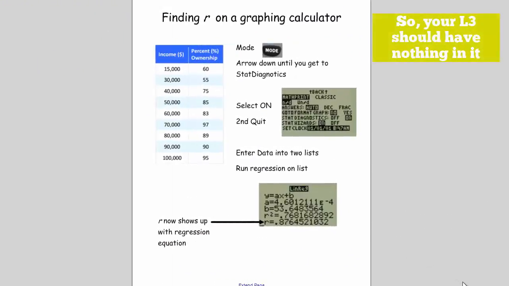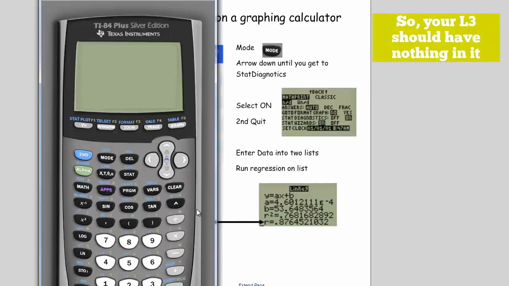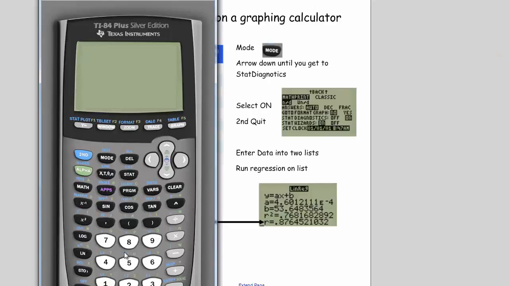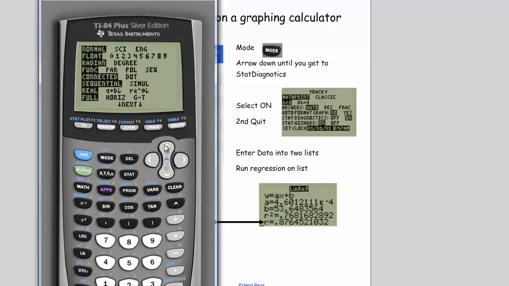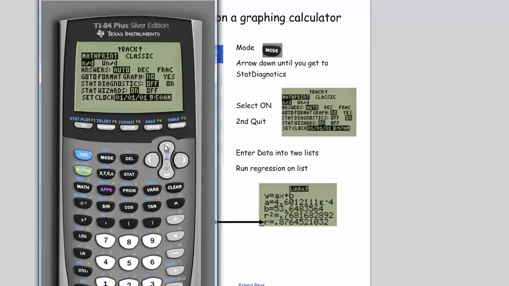Okay, if you want to find it with a graphing calculator, the way that we do this is that we go to mode. So let me turn my calculator on here, and we go to mode, and we arrow. If you arrow in the upward direction, it scrolls to the back of the different options you have for mode.